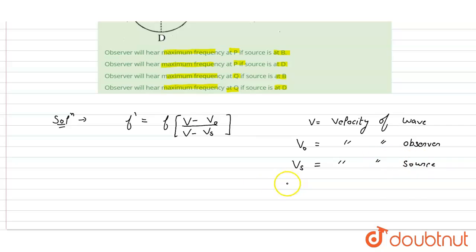In this question it is given that the frequency of source is n. Now we will assume that the velocity of wave is v.